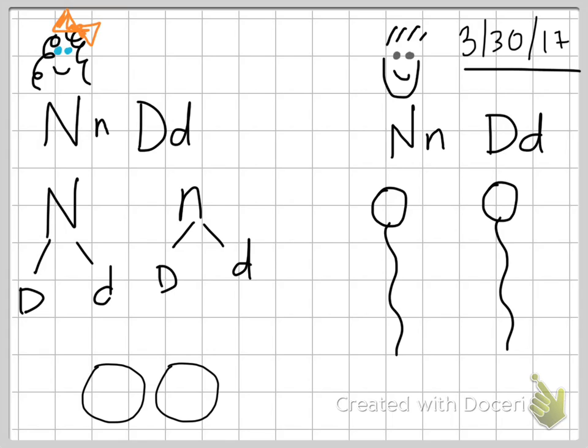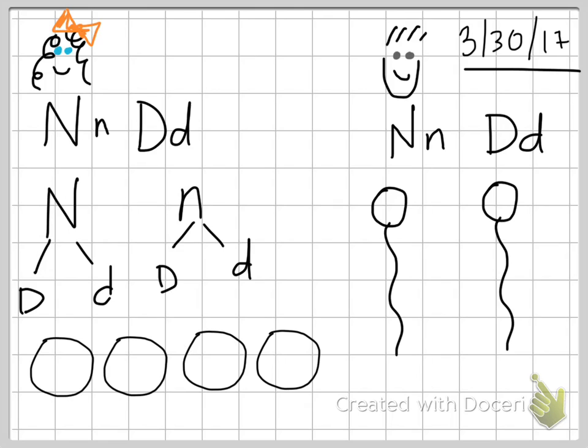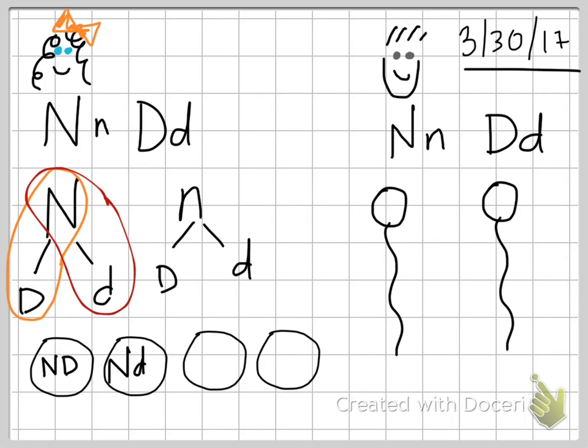So how many combinations do we have possible for her eggs? There's a clue up here in the number of boxes, the number of eggs that I've just drawn. So we could have a big N, big D bearing egg. We could have a big N, little d bearing egg.